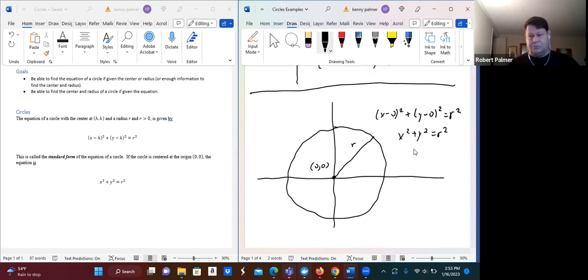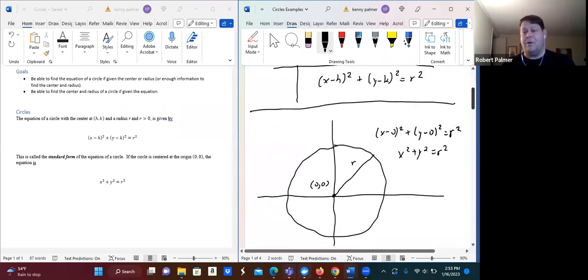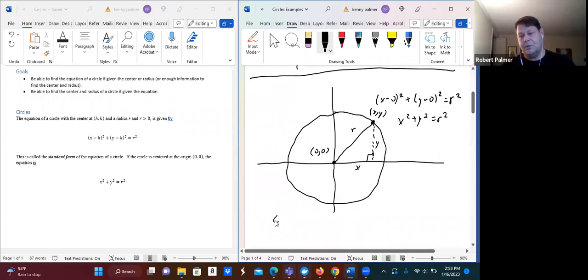Now, this equation is also related to the Pythagorean theorem. As we think about a point on our circle, once again from the origin, if this point here is (x, y), this distance here is x, this is y, and this is the right triangle, then this equation is related to the Pythagorean theorem.